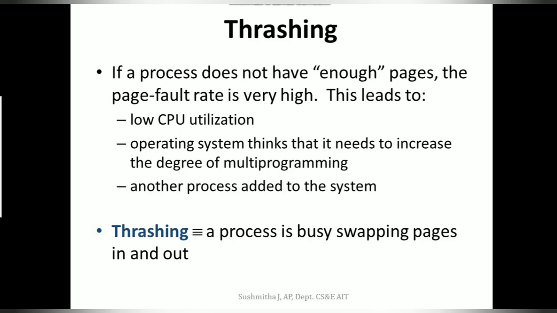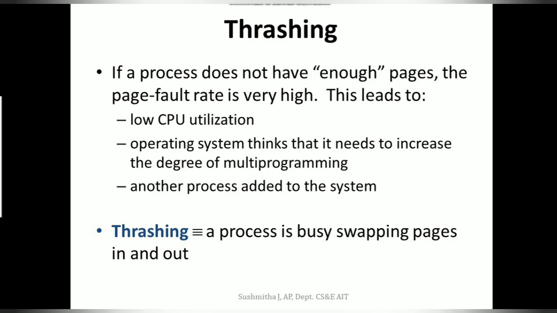So what is happening here? The process is spending too much time in paging rather than execution. The process continues to fault, replace the page, fault again, replace the page again. So high paging activity is thrashing.